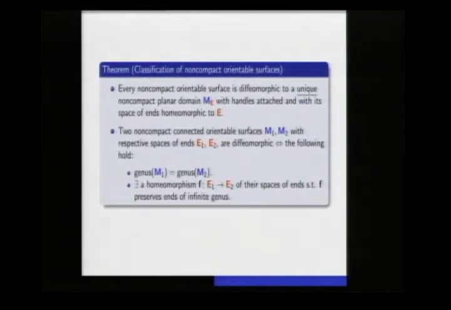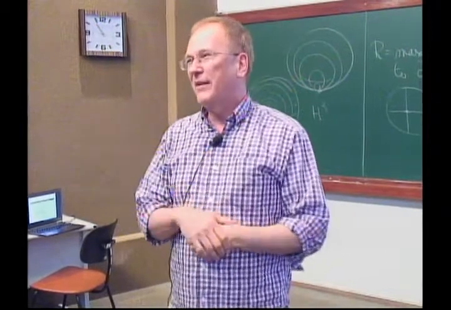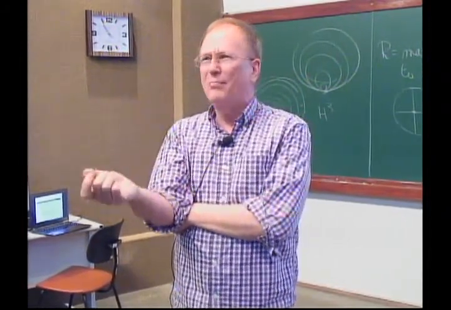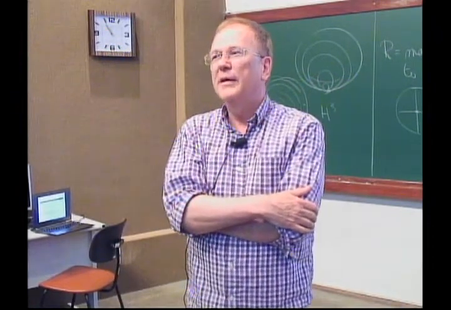If you have a diffeomorphism, things are organized. Proper arcs go to proper arcs. So you want a homeomorphism between the spaces of ends that preserves all of the ends with infinite genus. So that's a definition I haven't made yet. What does it mean for an end to have infinite genus? And you said, well, an end is an equivalence class of proper arcs. I don't see genus anywhere. Okay.